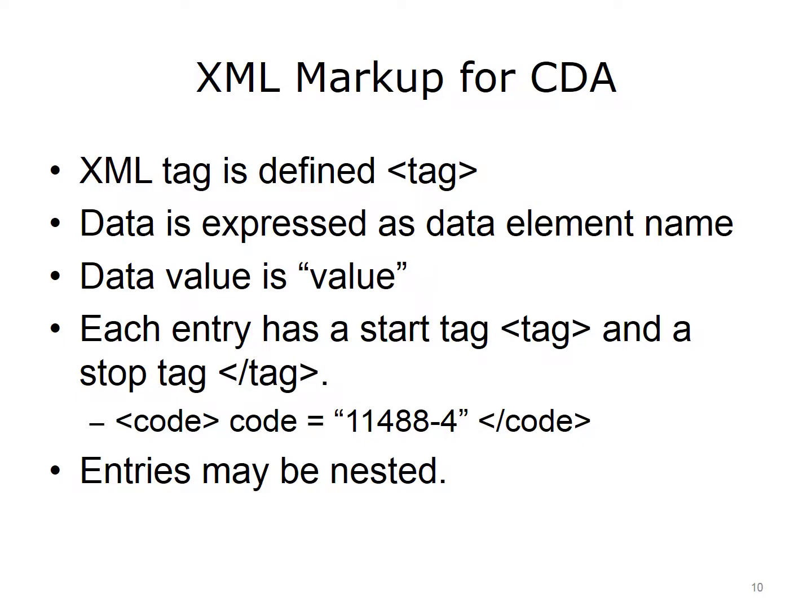An example is start, code. Code equals 11488-4. Stop, code. Nested structures are indented to make it easier to see the structure of the content. Programs can check syntax, conformant document, to make sure all beginnings have an end and that structures are intact.